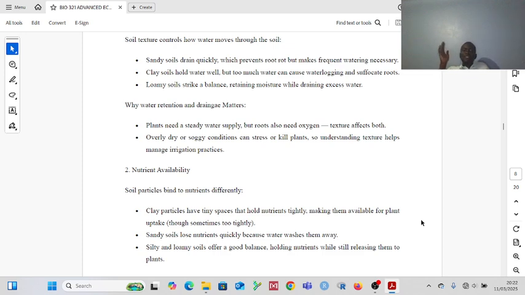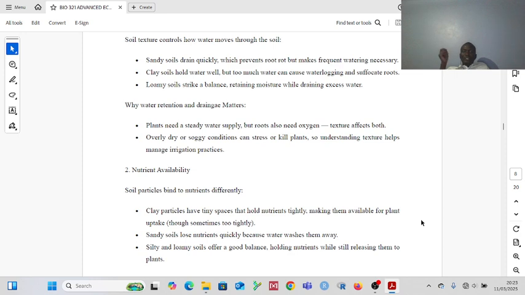Different soil particles will bind to nutrients differently. Because clay particles, for example, have tiny spaces, nutrients will hold tightly to these clay soils. Okay. So it means the nutrients cannot be washed away in a clay particle.